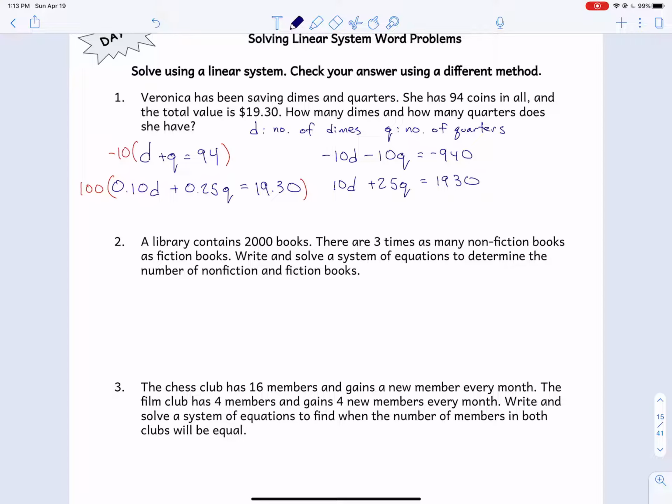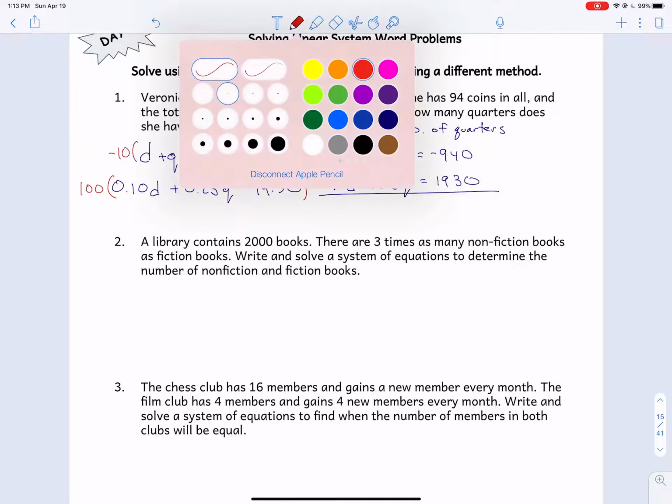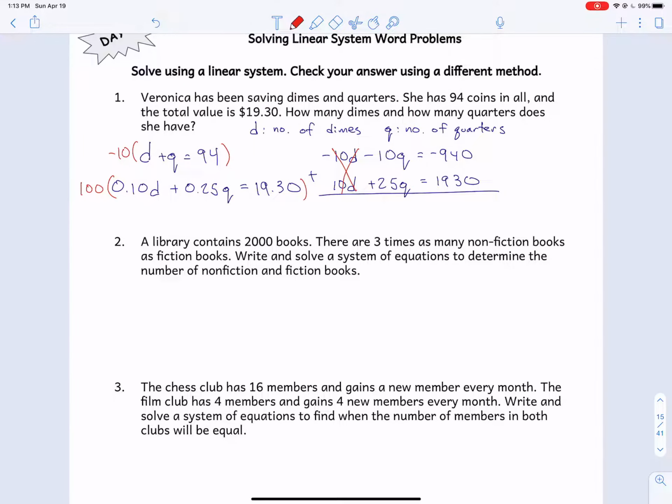Now let's see what we get. We can add those two equations, and the D would be eliminated, and we would end up with 15Q equals, and again, break out the calculator. 1930 minus 940 is 990, and then divide that by 15.